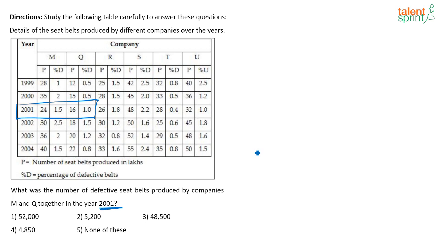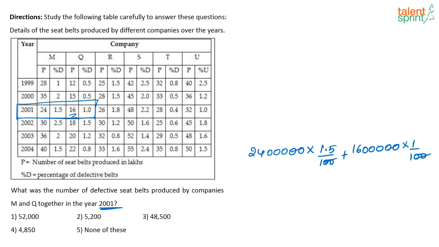So how much was produced in 2001 by M? 24 lakhs, right? Out of that, how much was defective? 1.5 percent was defective. Similarly in Q, 16 lakhs was produced, and 1% was defective.